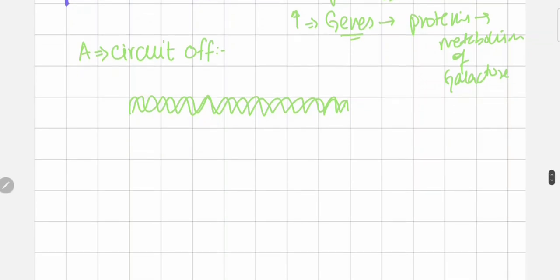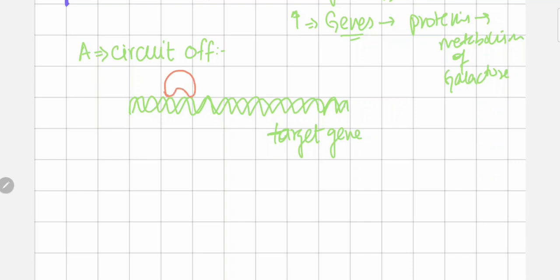First is circuit off, when galactose is not being metabolized, right? This is our target gene that I drew in front of you. The gene should be inactivated.